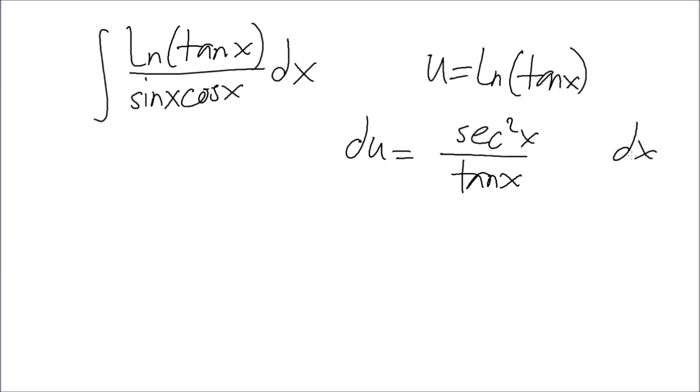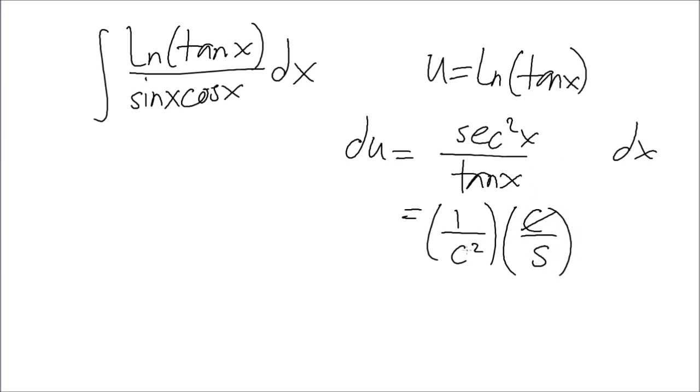I'm just going to put the dx at the side for now. So I want to simplify this in terms of sines and cosines. So we have secant squared times, well, this is over tangent x, which is the same thing as cotangent x. So it would look like this. Oh, and the c's cancel out.